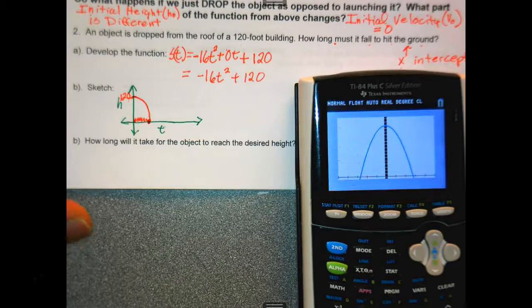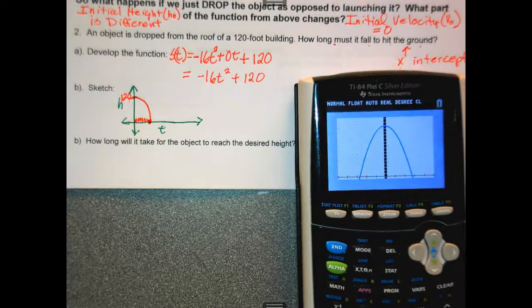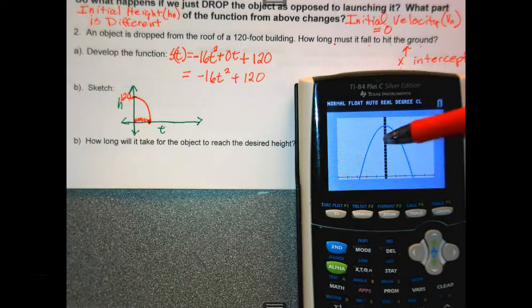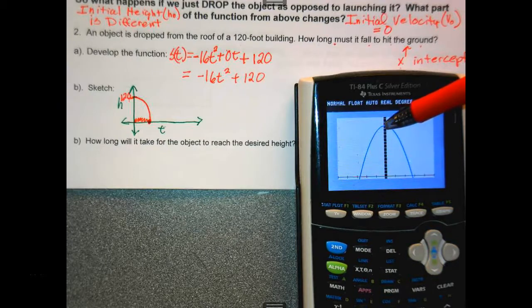Now this is going to become second nature to you working with this window because you have to, because the numbers are so close together, the pixels are making it that way. Remember, this represents 120 now.